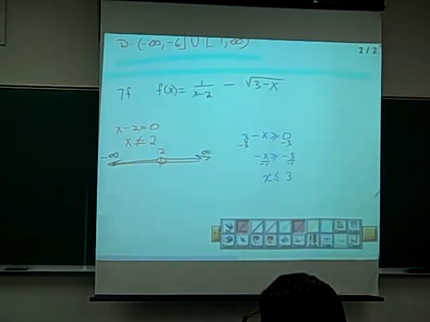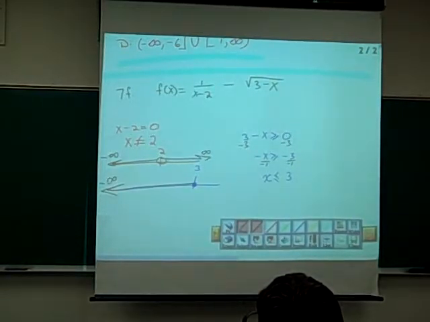All right, so now here's 3, and that's open or closed? Closed. And is that going to the right or to the left? Left, because it's less than. And that's going to negative infinity.